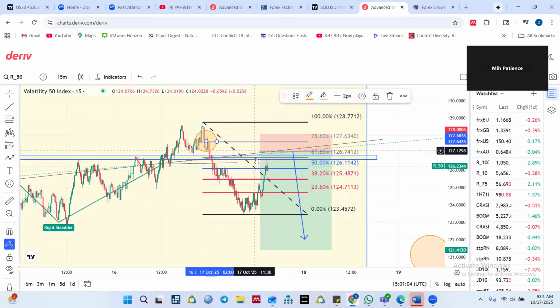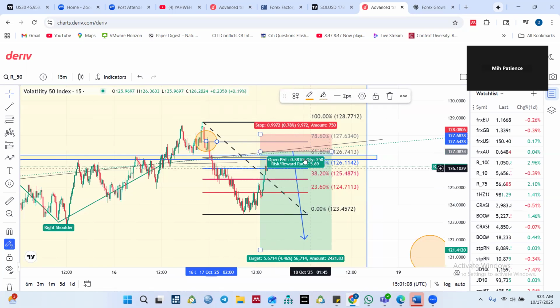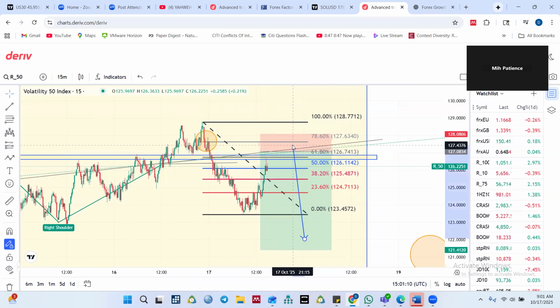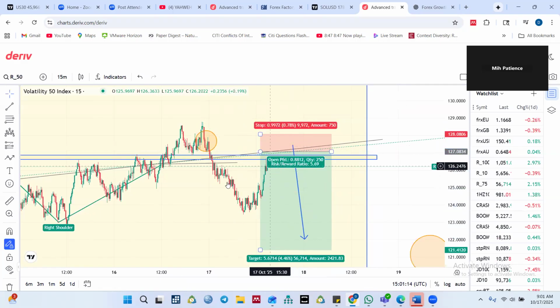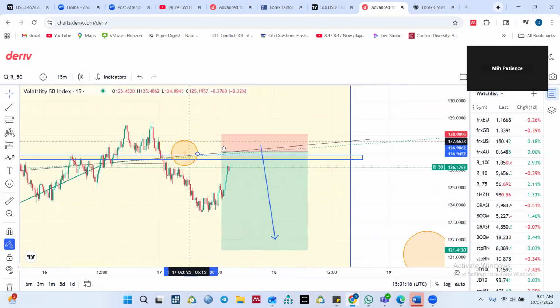So this is a good place to look for sales, but you would want to allow price to give you another bearish formation after it hit the premium.